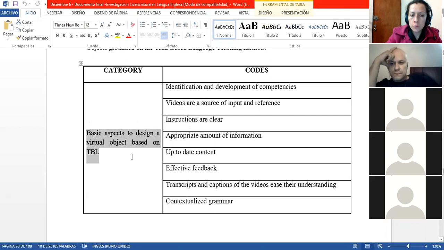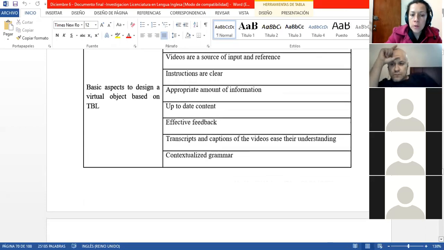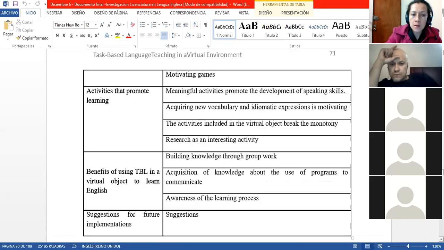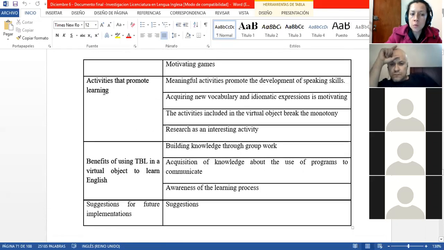So regarding those basic aspects that all the virtual objects should have, students had opinions regarding those specific aspects, and that's a group.